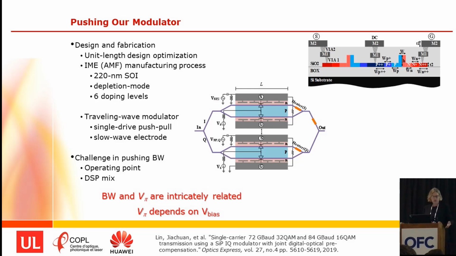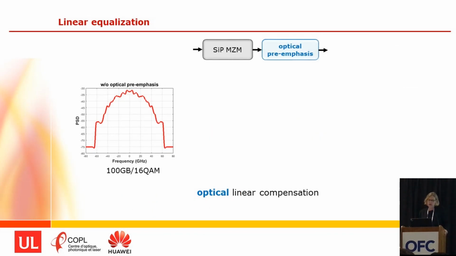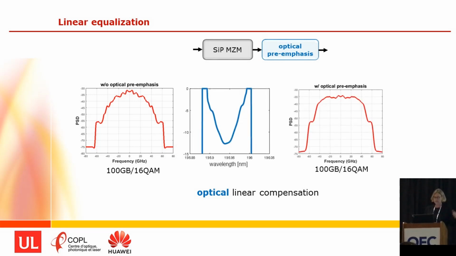So if I look at our previous results from last OFC, we used basically a linear equalization at that point, and we combined optical linear compensation. In this case, I'm showing illustrations for the 100 gigabaud 16 QAM. So we could use an optical preemphasis to compensate and flatten the spectrum before transmission.